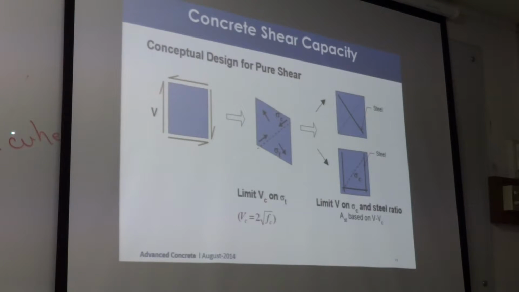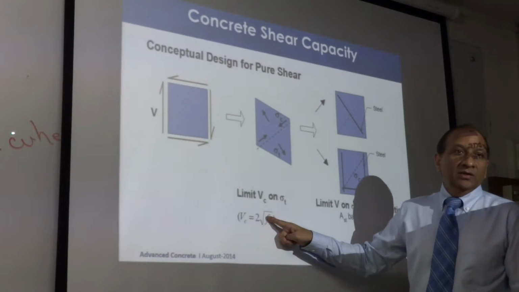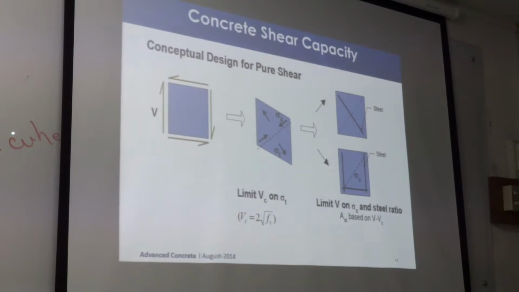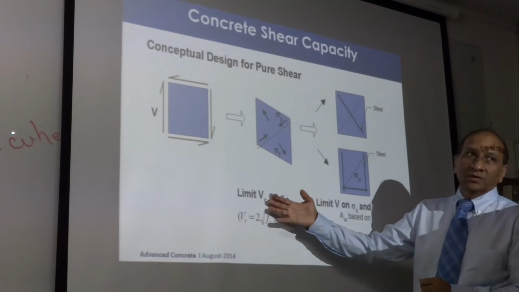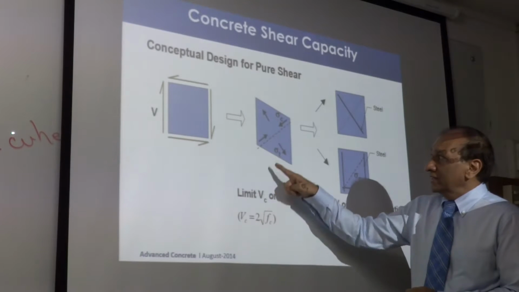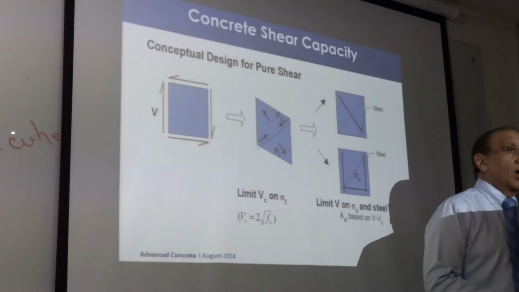Doesn't matter. But it takes some fraction of the tension capacity to be equal to the shear capacity. Correct? And that is the basis for our shear design, that based on the tension capacity we calculate how much shear can be taken, and that becomes the shear capacity of the section.